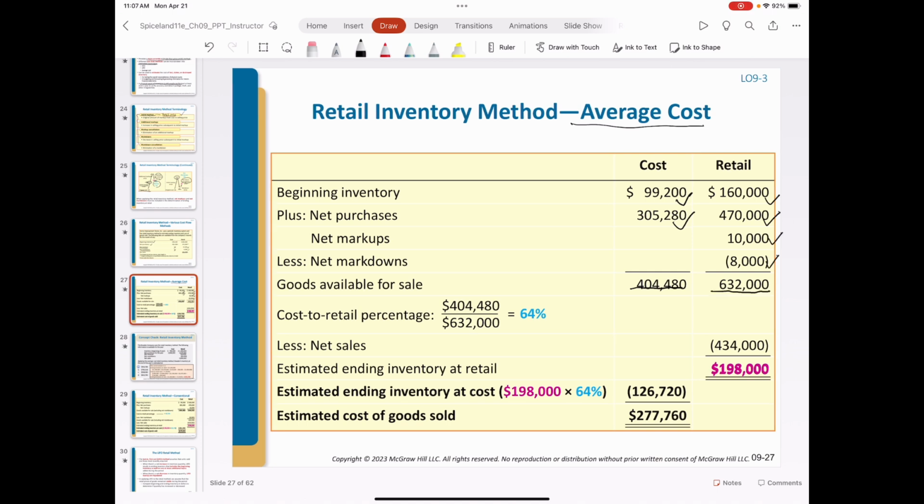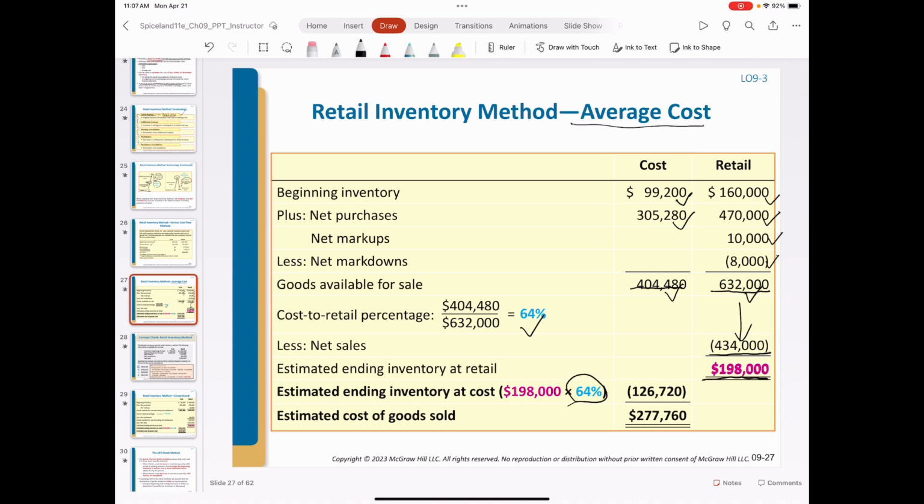Goods available for sale at retail value was $632,000. So we have the cost, we have the retail value. We can determine the cost to retail percentage. Then the sales was $434,000. We subtract the sales from goods available for sale at retail value. Then we have the ending balance of inventory at retail value.